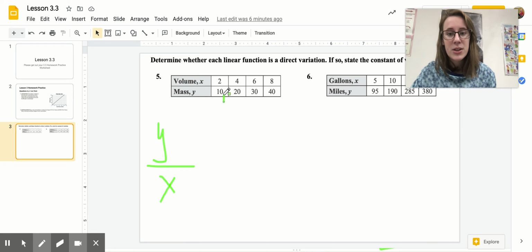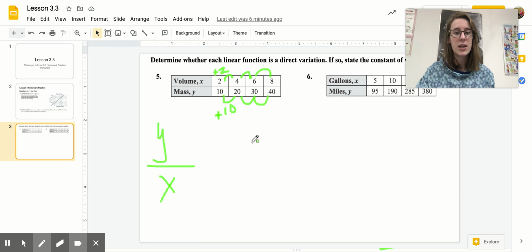So the first thing I want to do is check out, to get from 10 to 20, how much did I increase? Well, I increased 10. And to get from 2 to 4, I increased by 2. Same thing here. From 4 to 6, it was plus 2. From 6 to 8, it was plus 2. From 20 to 30, it's plus 10. And from 30 to 40, it was plus 10.